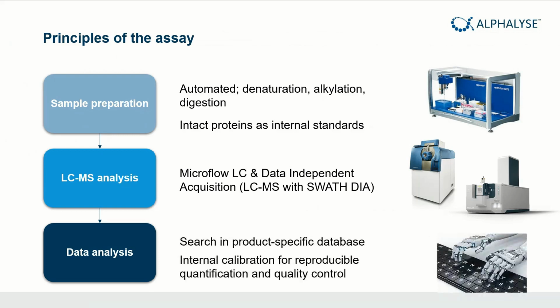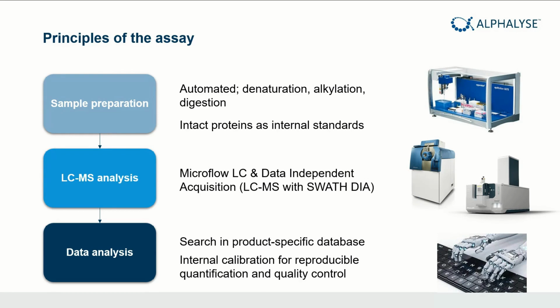The third step is the data analysis. So to identify these proteins, we set up a process or product-specific database containing all the protein sequences of proteins that potentially could end up in your product.